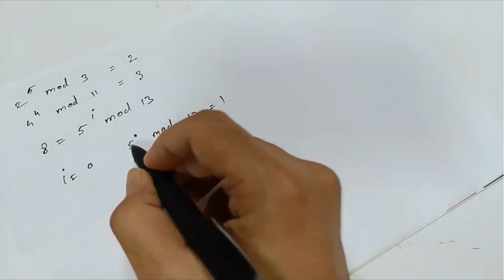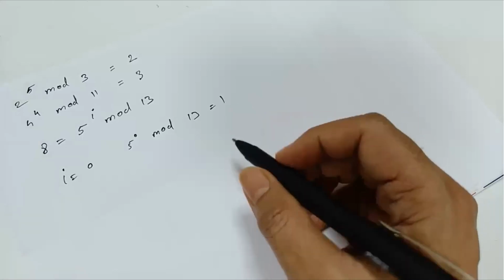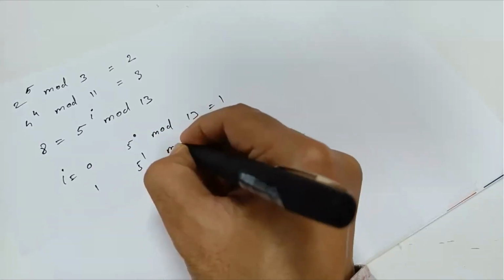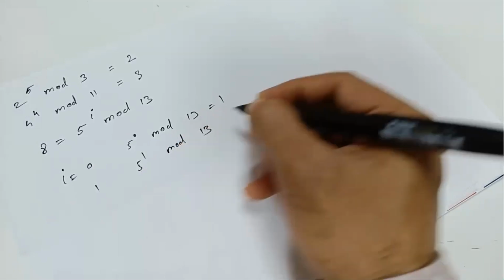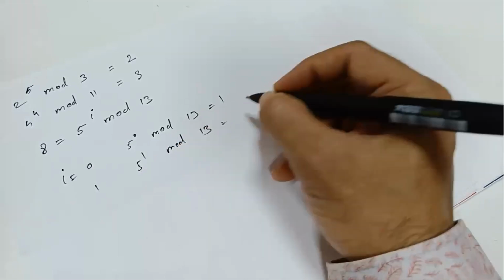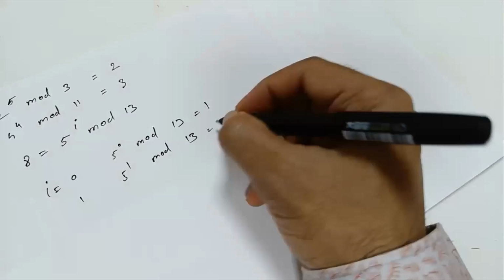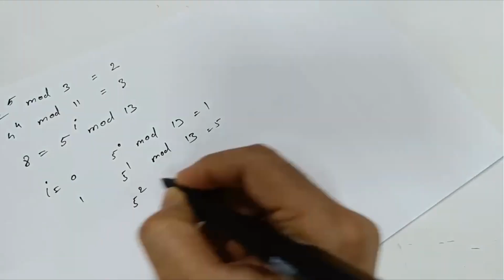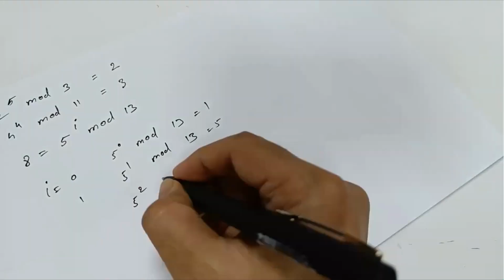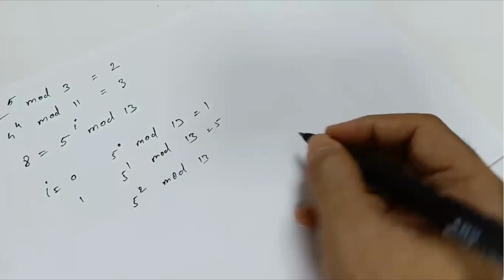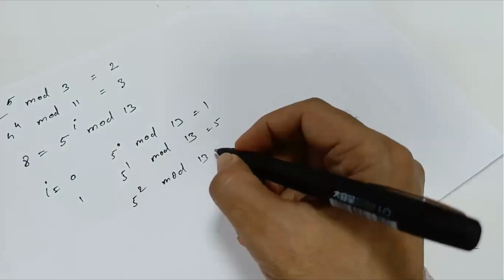For I equal to 1, 5 raised to 1 mod 13 is 5. For I equal to 2, 5 raised to 2 is 25, mod 13 is 12.